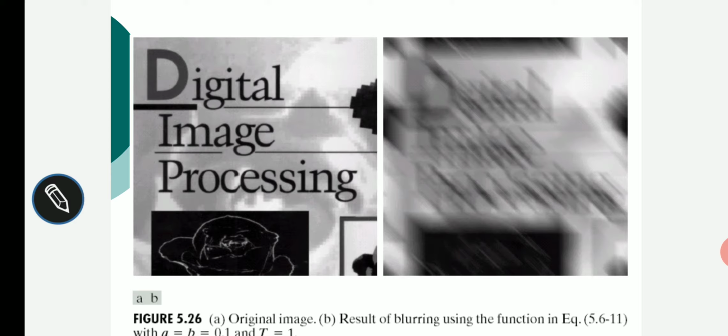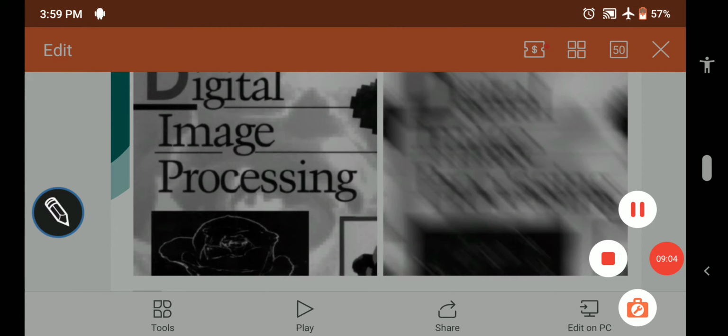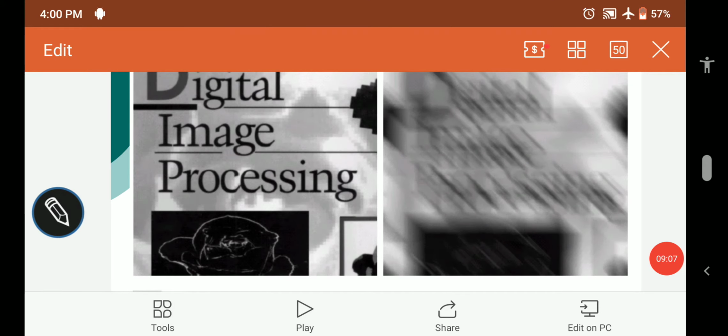The first figure is the original image, and this is the image obtained by applying the motion modeling, the mathematical modeling. So this is the way of estimating the degradation function using mathematical modeling. Thank you.